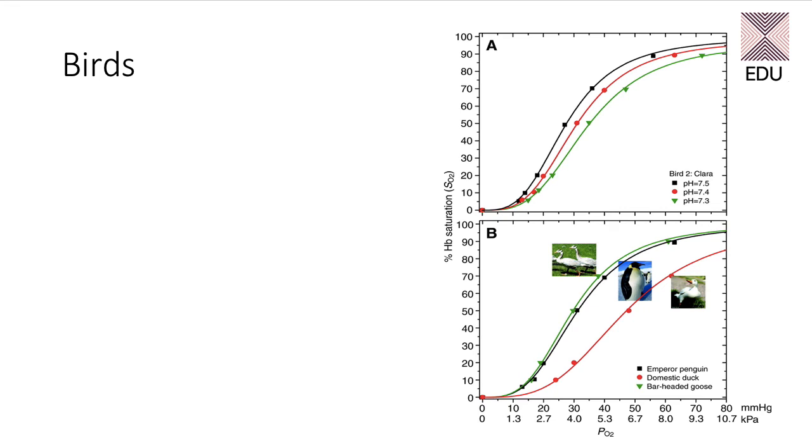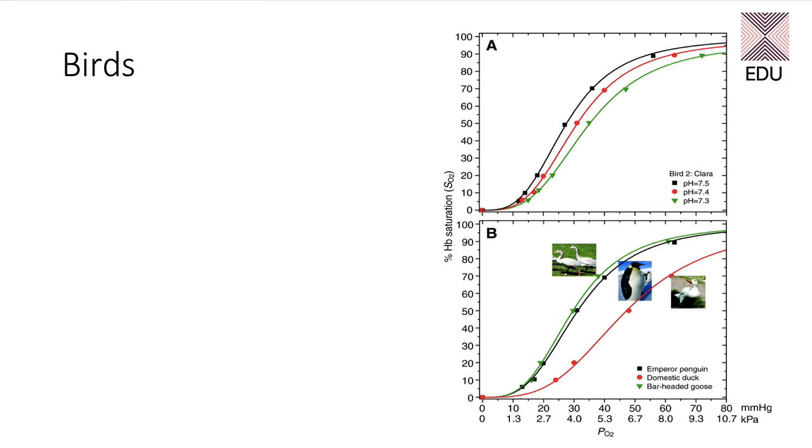One is black, second is red, third is green. The black curve is at pH 7.5. The red curve is at pH 7.4 and the green curve is for pH 7.3.